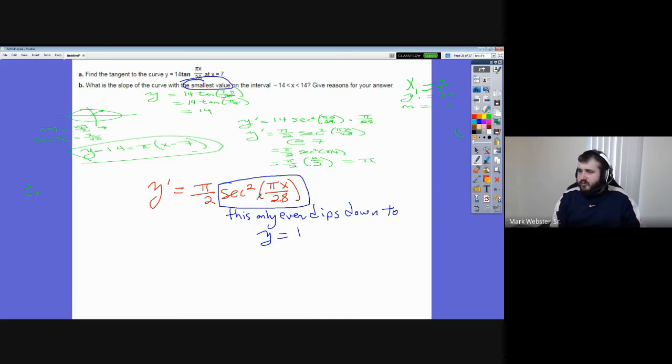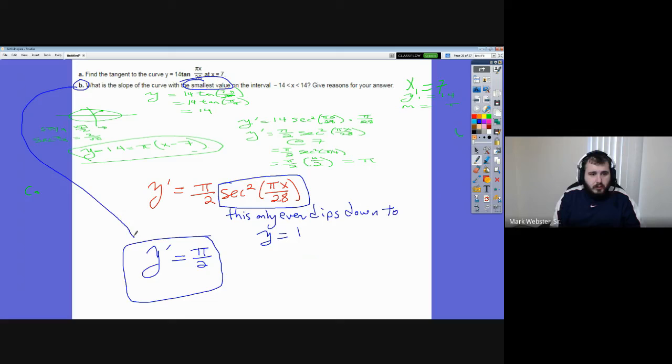So that's the lowest this can ever get. And so the lowest the slope can ever get is this being 1 times whatever this is. So 1 times pi over 2, which is just pi over 2. So the answer to part B is this thingy right here.